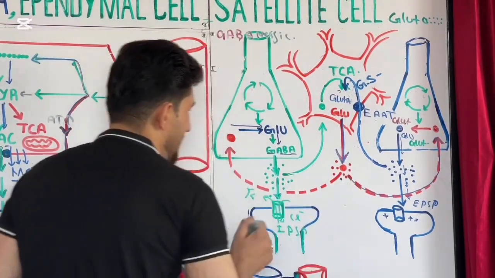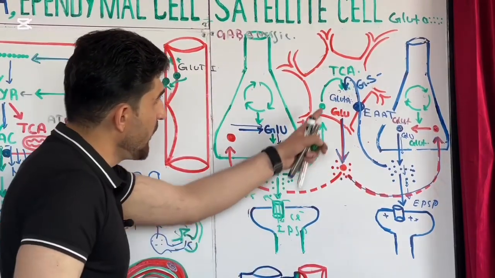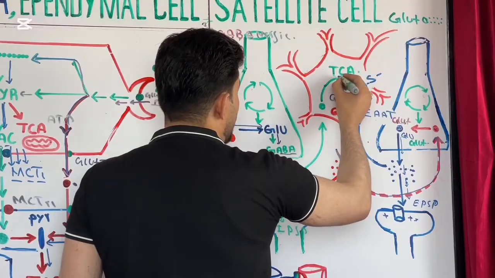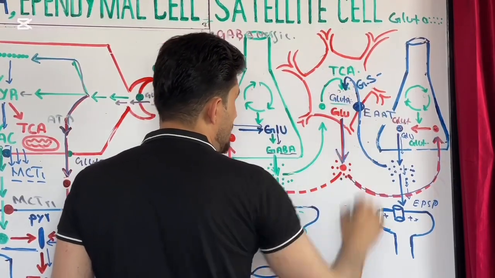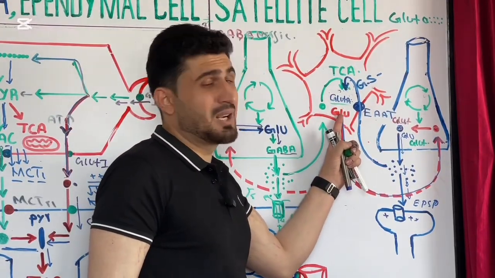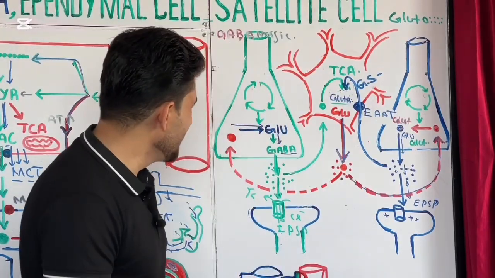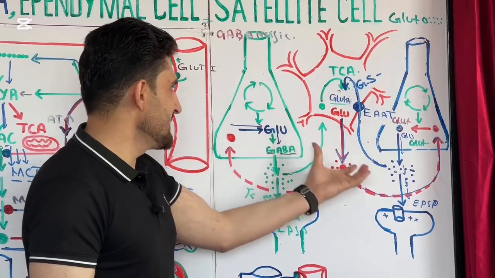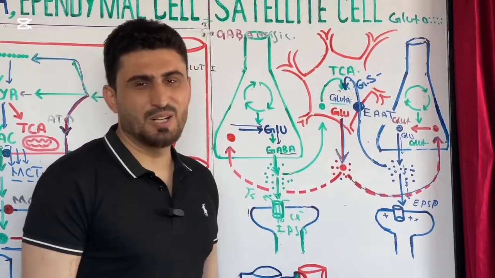And like this glutamate, this GABA will also be taken up by these astrocytes. In here, GABA will be converted by the help of the TCA cycle or Krebs cycle once again to glutamate, and glutamate will be converted to glutamine, and it will be excreted. So that was their role in the circulation of GABA, or reuptake of GABA, and also reuptake of glutamate.